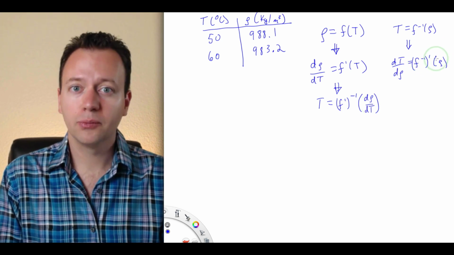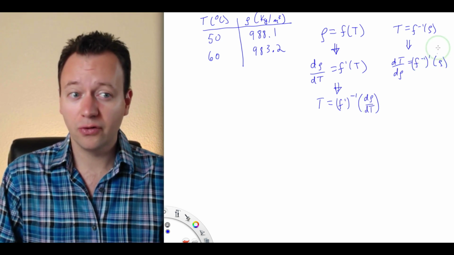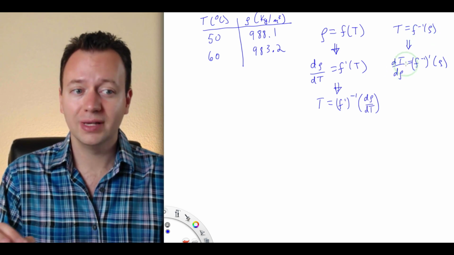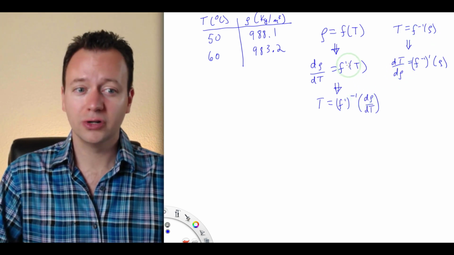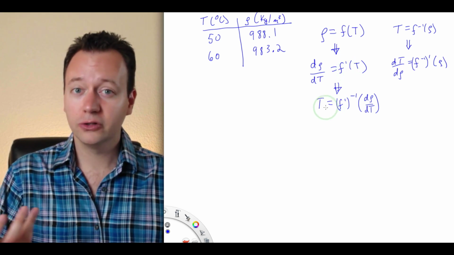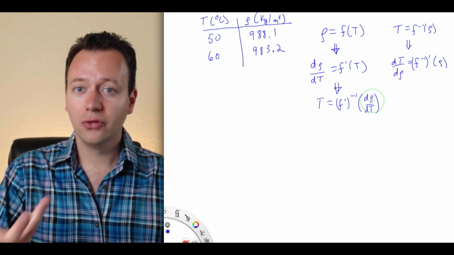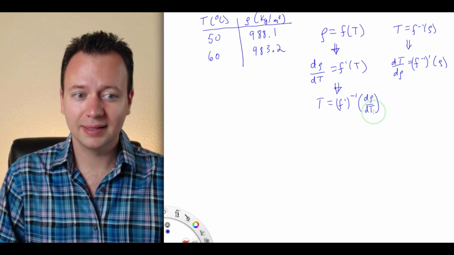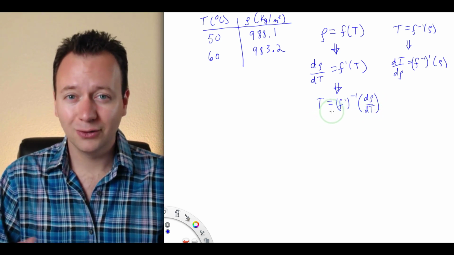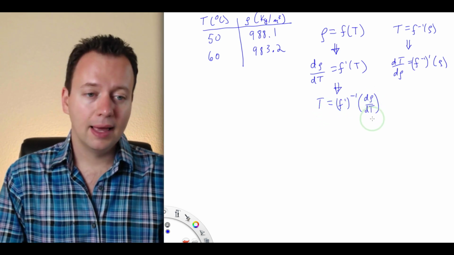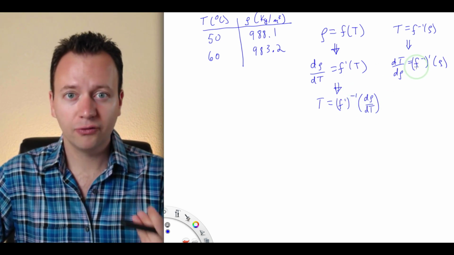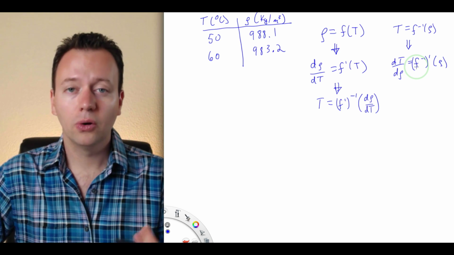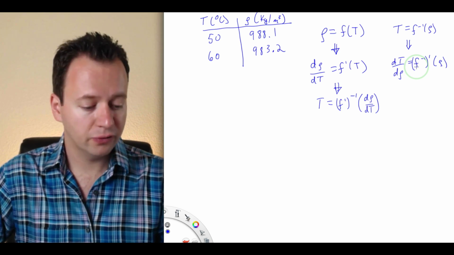F inverse prime is the derivative of the function f inverse, so it gives you dt d rho. F prime inverse is the inverse function of the derivative, so it tells you the temperature as a function of the rate of change of density with respect to temperature. In other words, the temperature as a function of d rho dt. So you want to always pay attention to whether it's f inverse prime or f prime inverse. Those give two different things.